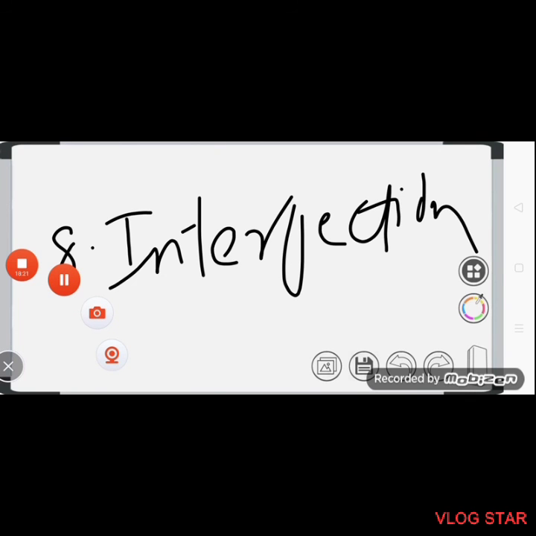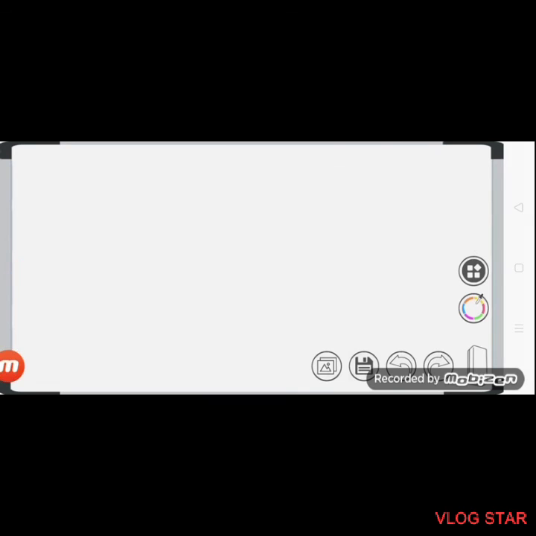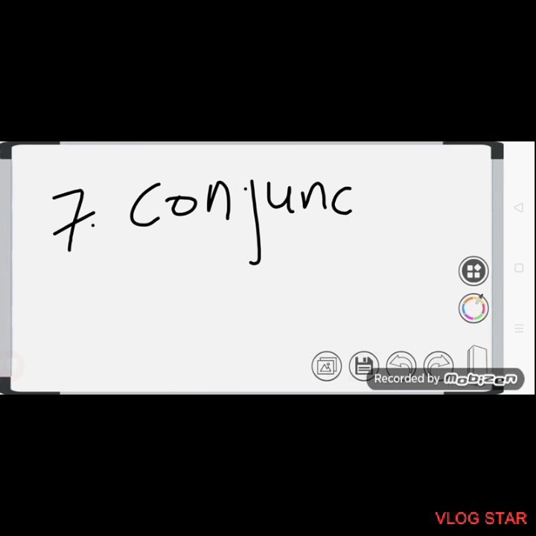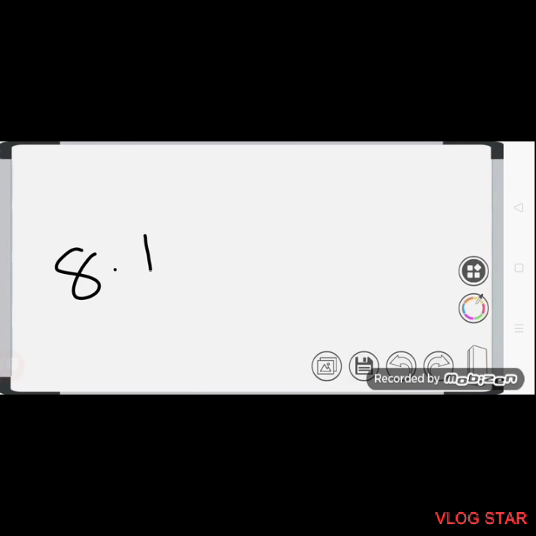Another important part of English I will explain again: the seventh and the eighth one. Seventh one is conjunction, and eighth one is interjection. Conjunctions are and, because, but. These are conjunctions. And the eighth one is interjection.